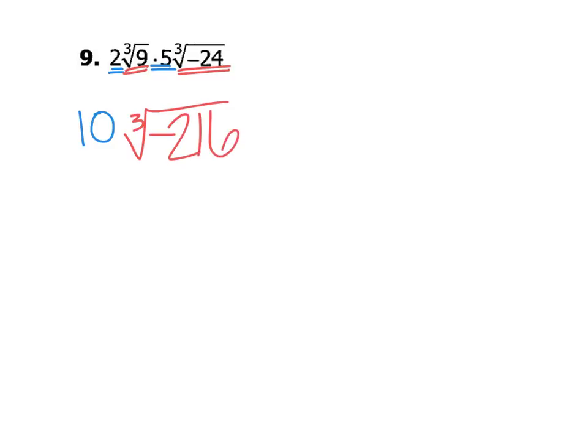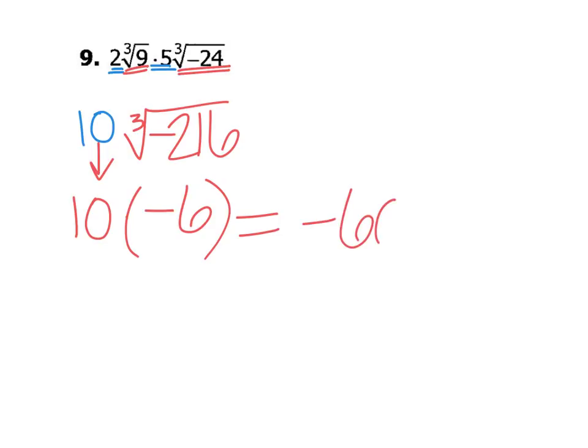Now we know we can take the cube root of 216, and because it's negative, we're going to end up with negative 6, because negative 6 cubed gives us negative 216. Bring down this 10, so it's 10 times negative 6. And our final answer is negative 60, and we are done.